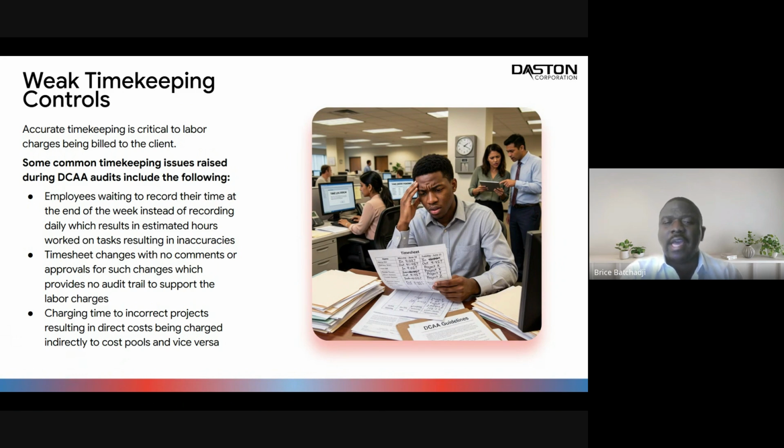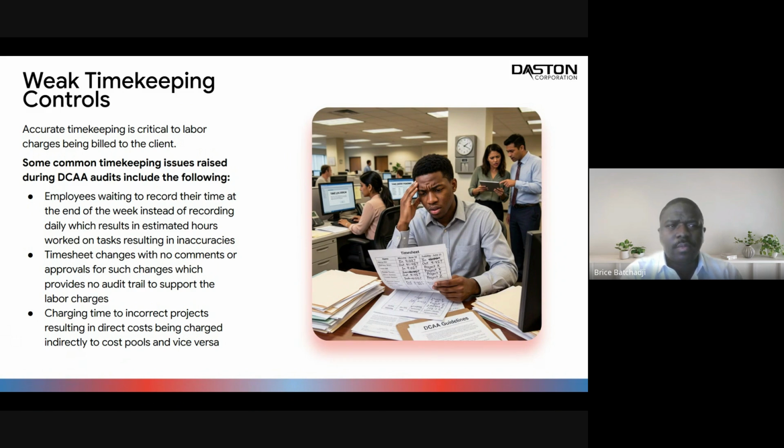And generally we see that when employees wait until the end of the week, they cannot necessarily remember what they worked on, right? So it kind of takes us back to the point that the best practice is for employees to enter their time at the end of the day, because the expectation is they'll be able to remember what they actually worked on.